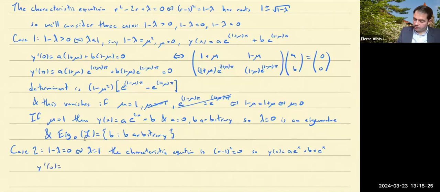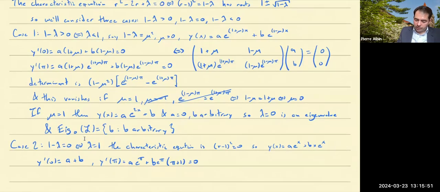So y prime of 0 would be a plus b, and y prime at pi would be a e to the pi plus b e to the pi times pi plus 1.